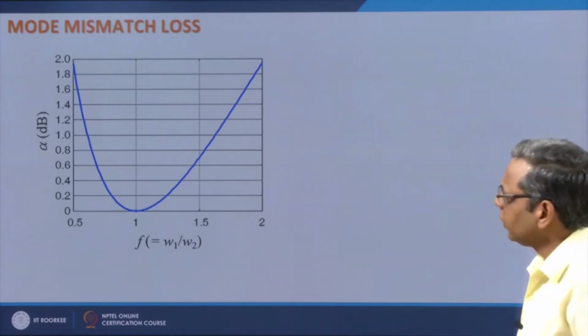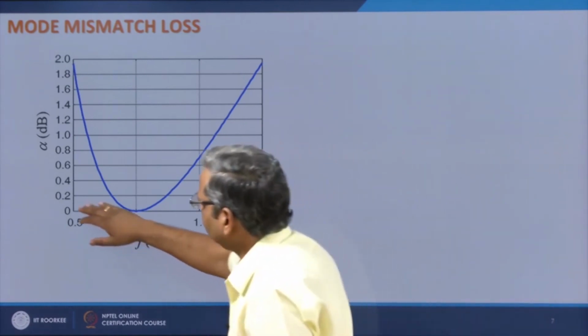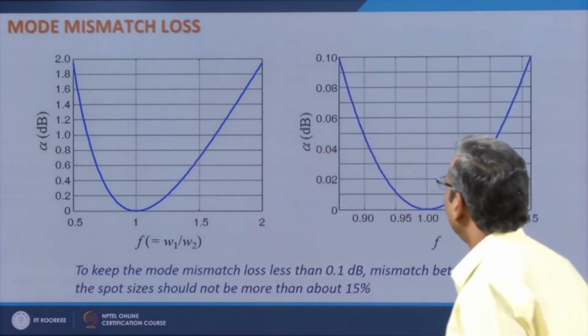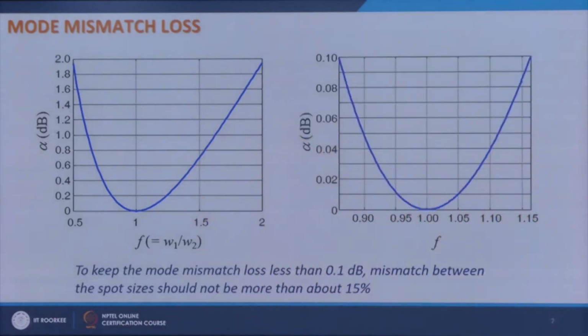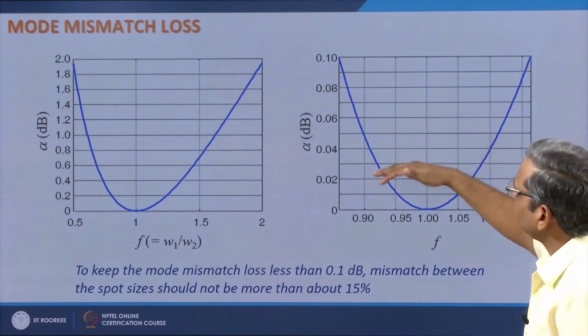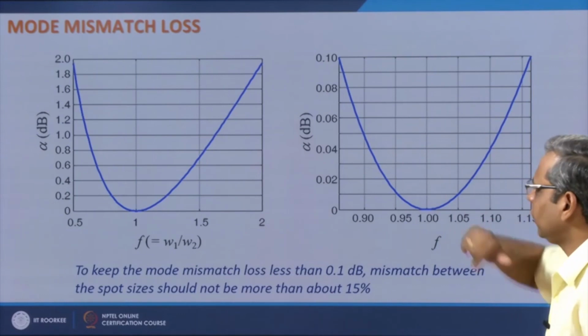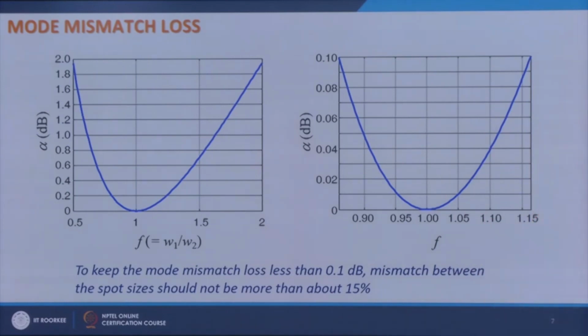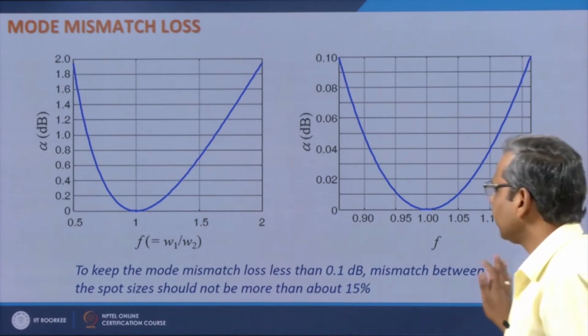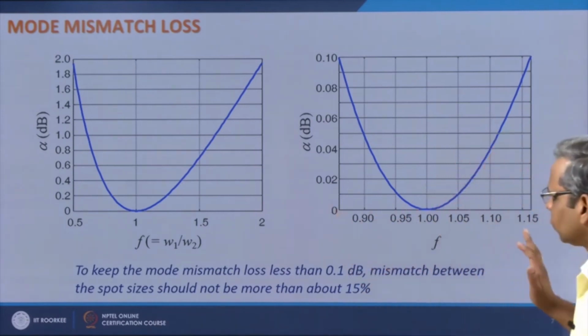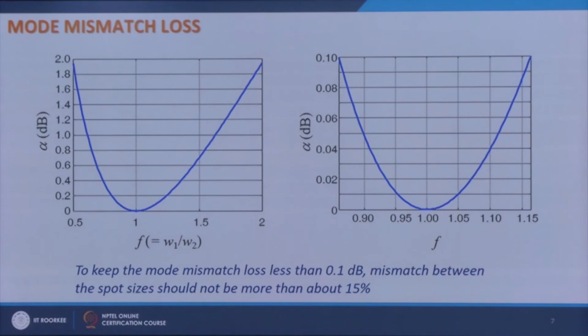Let me zoom it to a level of 0.1 dB, and when I do this, then I find that to keep this mode mismatch loss below 0.1 dB, the mismatch between the spot sizes should not be more than about 15%.